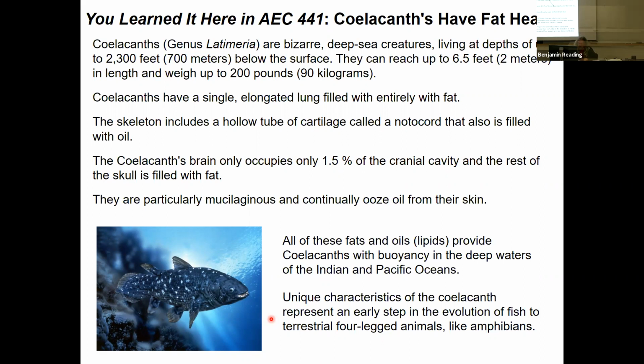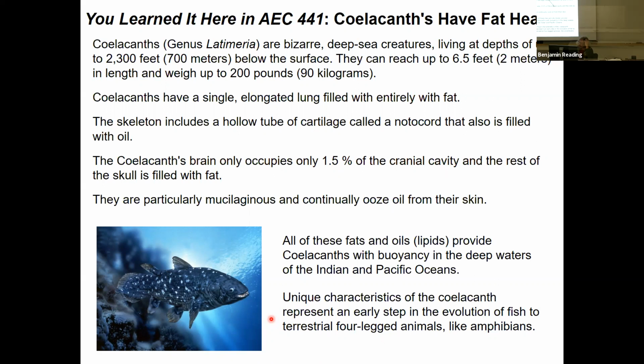But I told you that one of the ways that fishes regulate their buoyancy is by having structures in them that are less dense than water. And that provides static lift. And one of the ways they can provide static lift is, for instance, storing fat or lipid or gas.